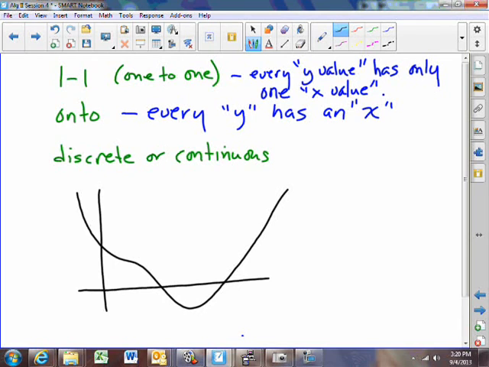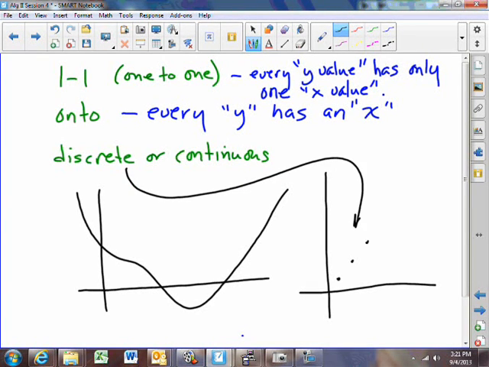Now, a graph that is not connected or continuous would be something like if you were talking about how many pizzas you could order from Domino's or something like that, you could order one pizza or two pizzas or three pizzas, but you wouldn't order the square root of two pizzas.